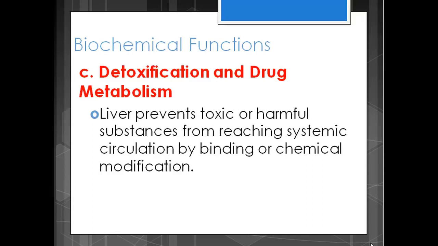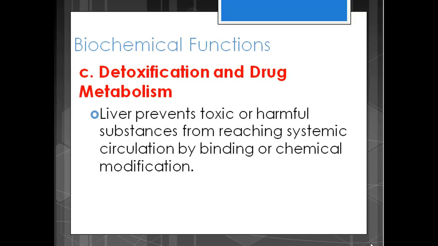Therefore, guys, the liver serves as a gatekeeper between substances absorbed by the gastrointestinal tract and those released into systemic circulation. In other words, every substance that is absorbed in our gastrointestinal tract must first pass through the liver, before it goes to the circulation.